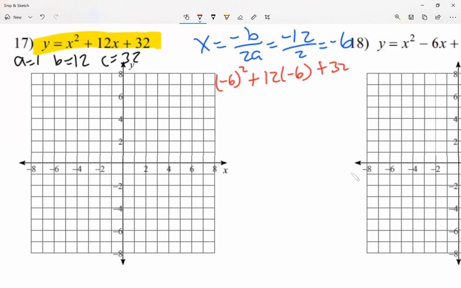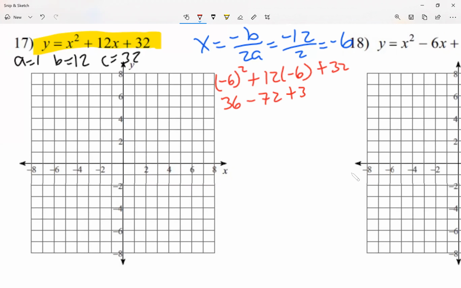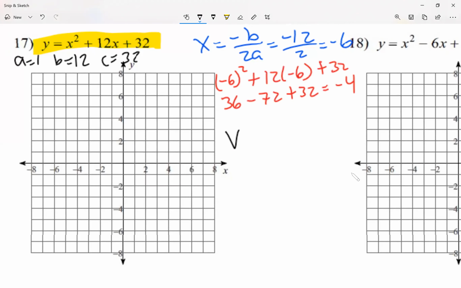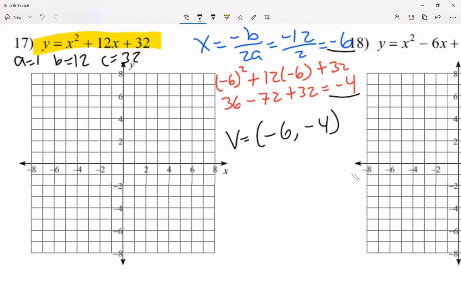So let's see, that gives me 36 minus 72 plus 32, which is equal to -4. Cool. I already know my vertex. My vertex is the point -6, -4. There's my x value. There's my y value. -6, -4.